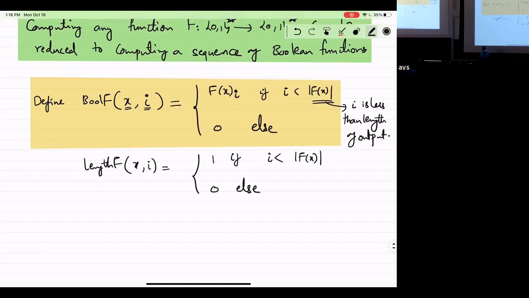Okay, so I'm defining these two Boolean functions. If you so desire, you can also compact them into one function, but that just obscures the picture. It doesn't change what we're doing. This is just a way to compute one bit at a time.